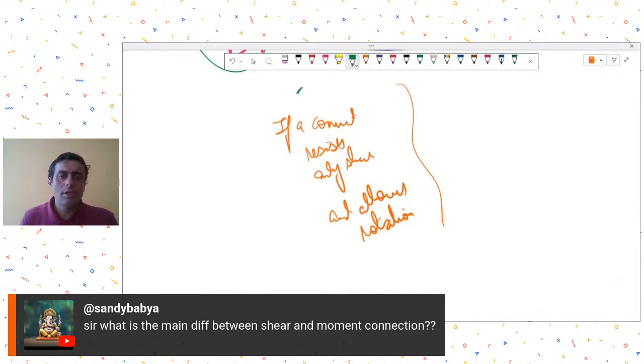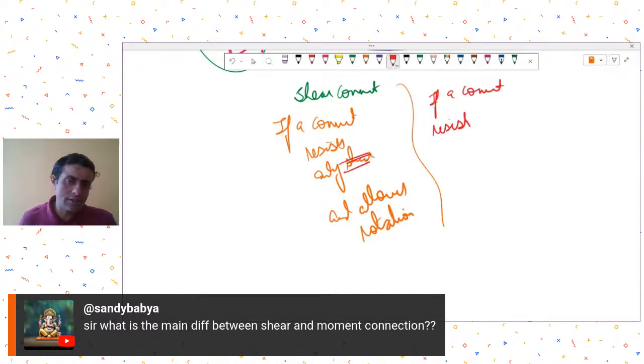Generally it will be called a shear connection. I'm saying if a connection resists only translation, that is displacement, and allows rotation, then we call it a shear connection.